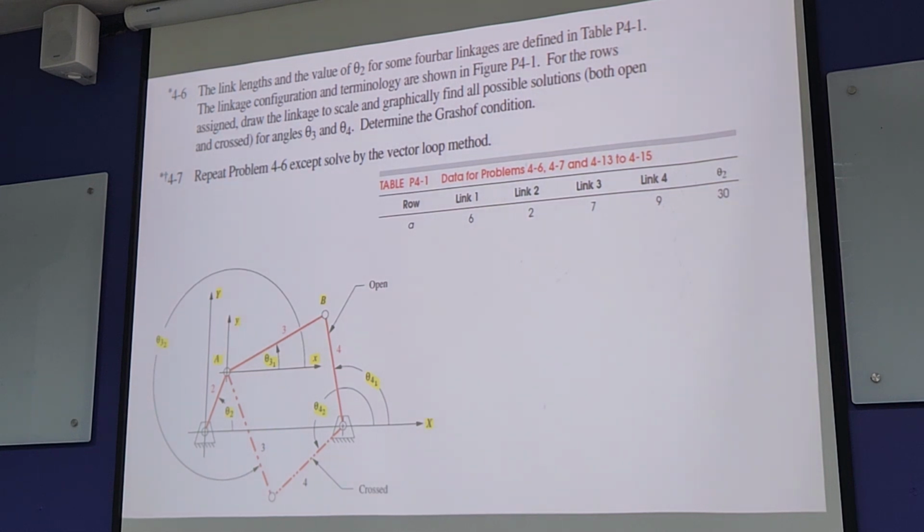Yeah, it's the close position. That means the other side, the other intersection.